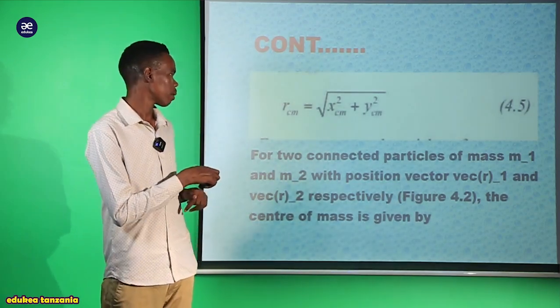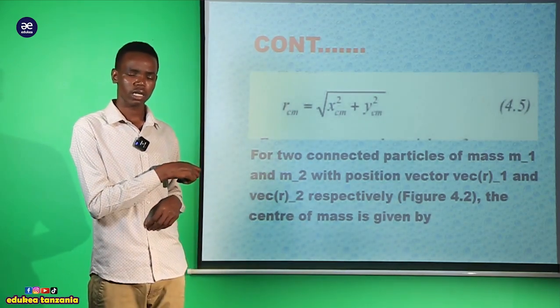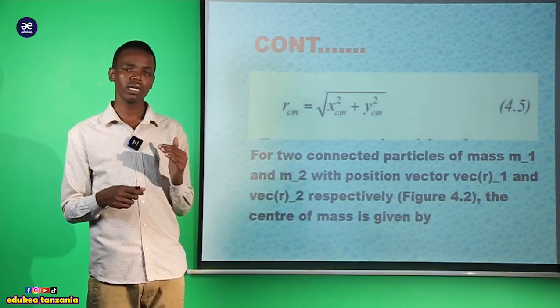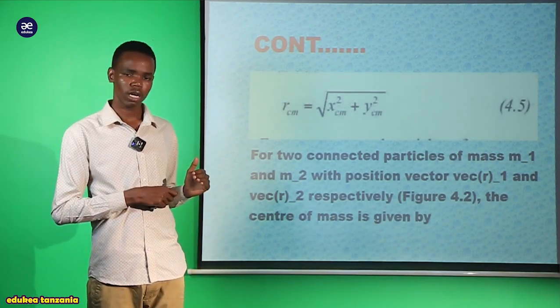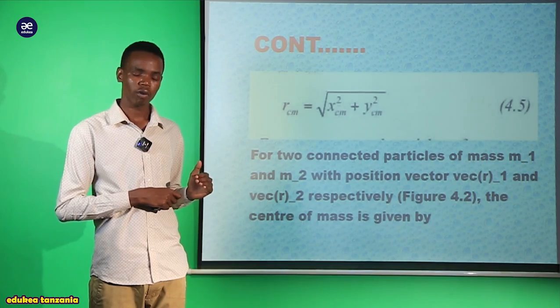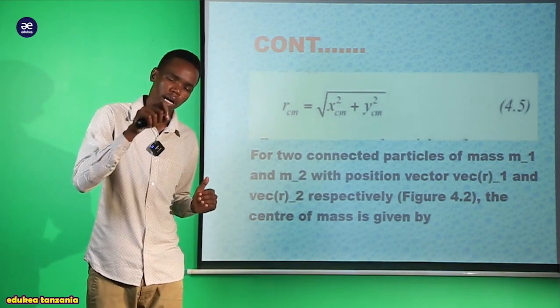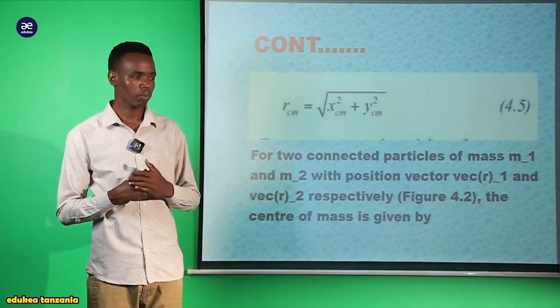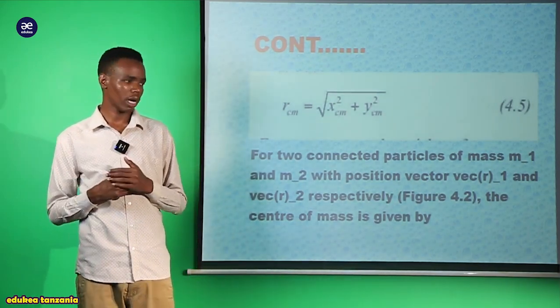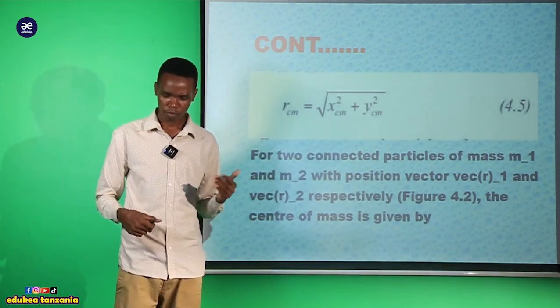The resultant r, located at the center from the origin, must be equal to the distance of the center of mass along the x-axis squared, then we add along the y-axis, as we tried to observe.